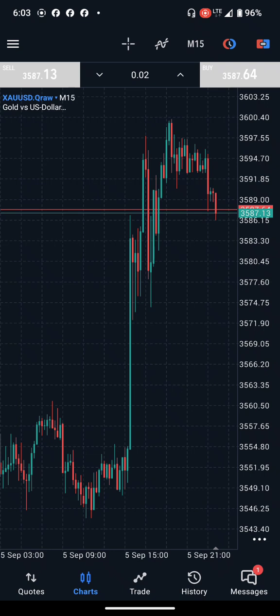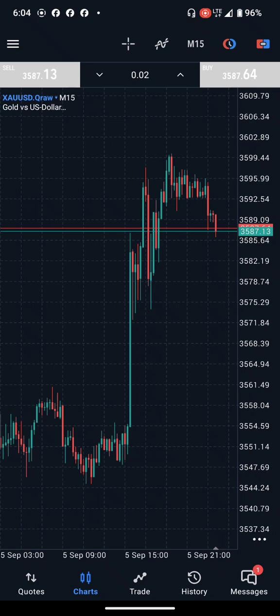So rejection zones, in a nutshell, is just the opposite of a breakout zone. Breakout is where the market breaks a structure and moves in that direction. If the market is going up and it comes to a zone and breaks out of that zone, that is the opposite of rejection.